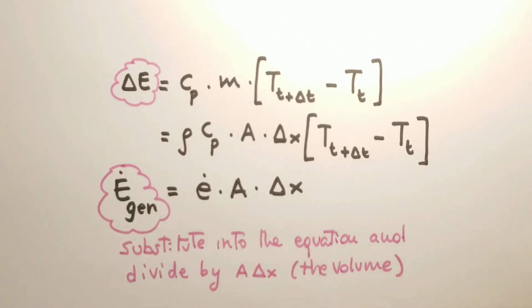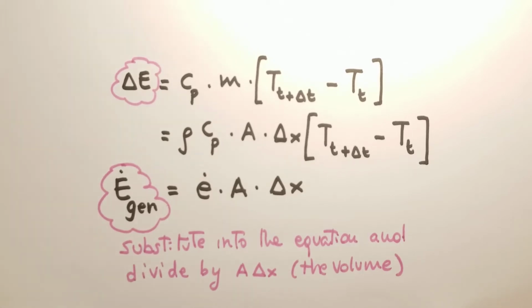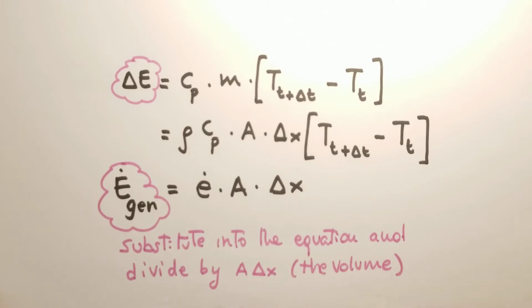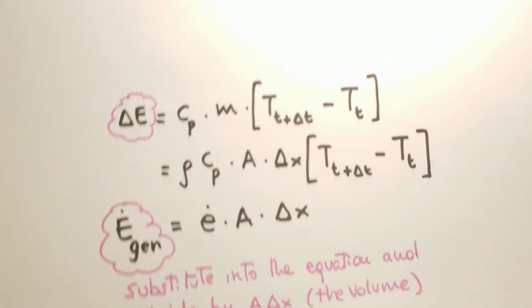And the heat generation in the control volume is the heat generation per unit volume times the volume, so A times delta X. So then what we have to do now is take these two quantities and substitute them in the heat conduction equation, and then we divide by the volume.